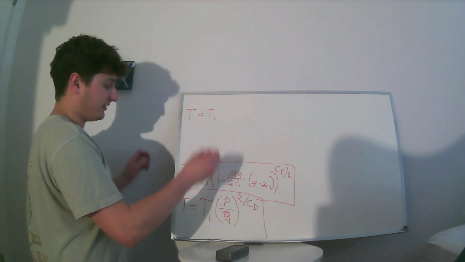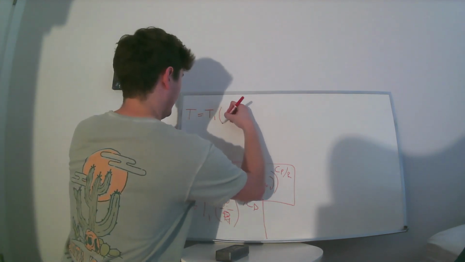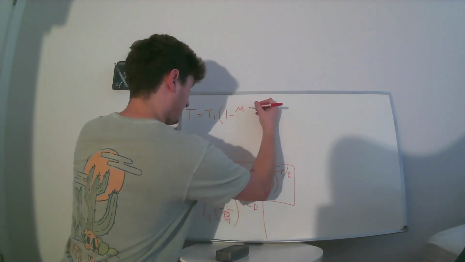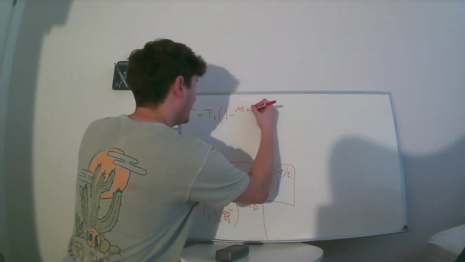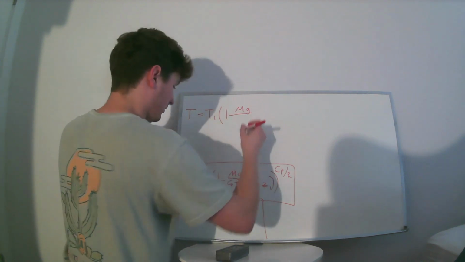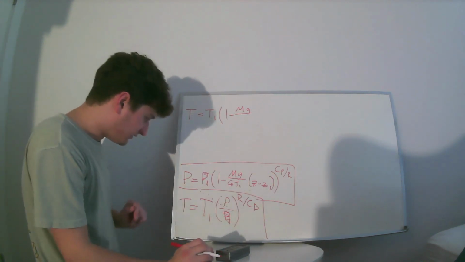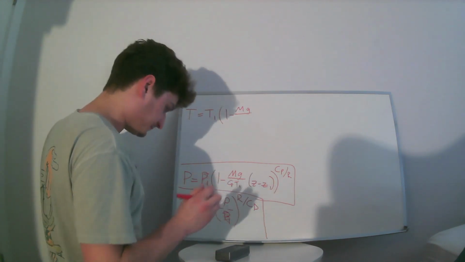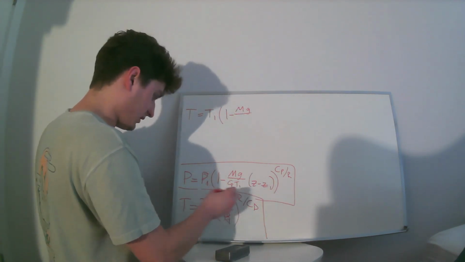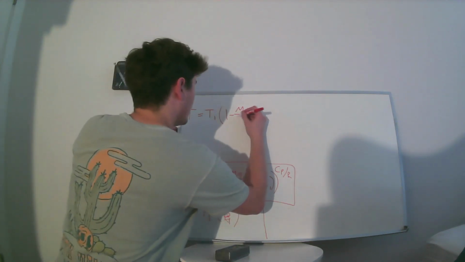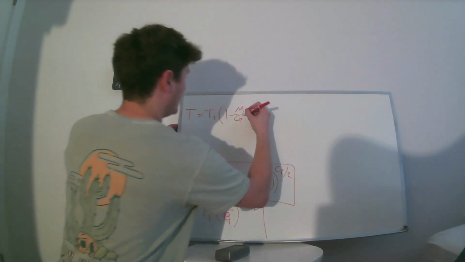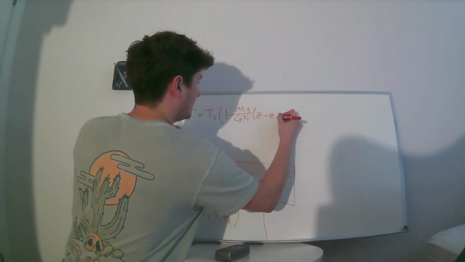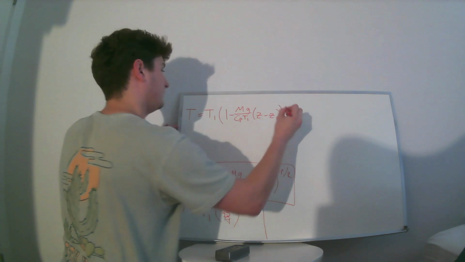So we're going to be left with T1 multiplied by 1 minus the molecular weight of our gas, of our fluid, multiplied by the gravitational constant g, all over, believe that stays. Yes, that does stay. Indeed it does. 1 minus that, all over our specific heat at our specific pressure, multiplied by T1, and then we have our Z minus Z1, which stays as well, our altitude minus our known altitude.